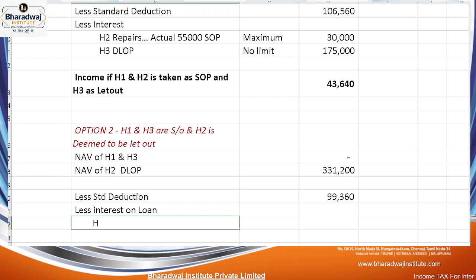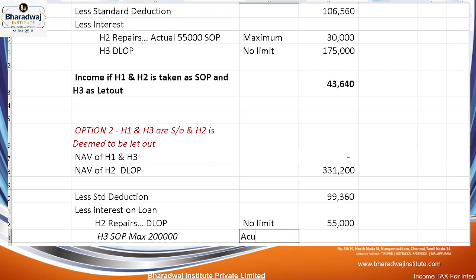House 2, it is taken for repairs. Please remember, it is a deemed let out property, no limit. 55,000 we can claim. House 3, self-occupied property, maximum we can claim only 2 lakhs, but actual is only 1,75,000.